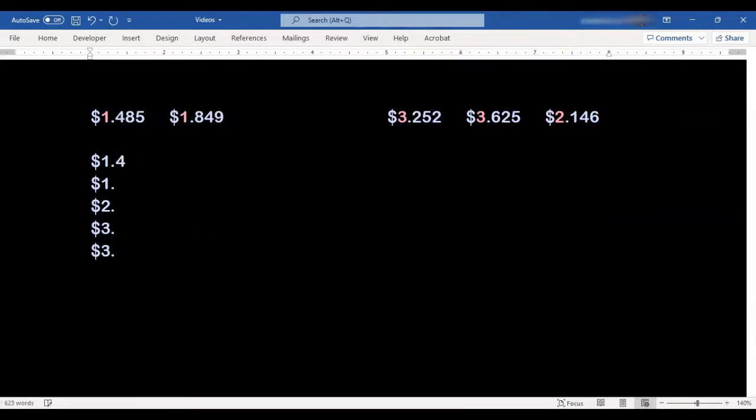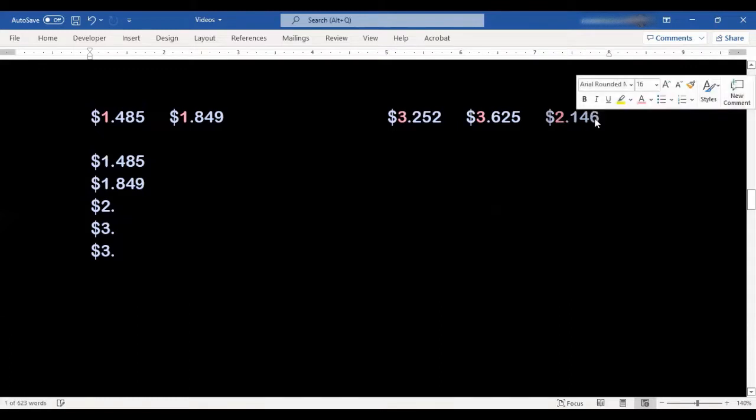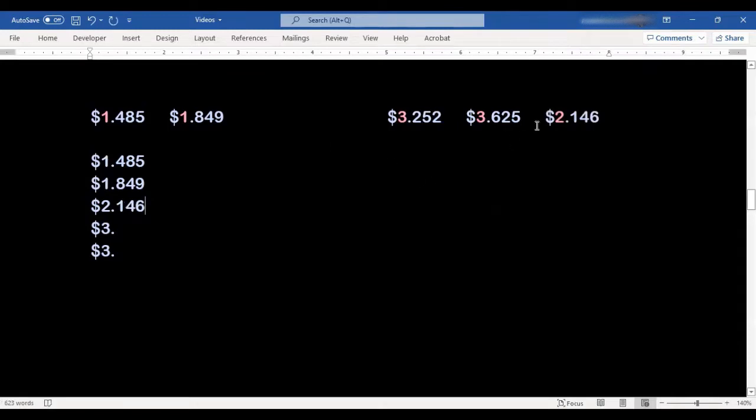So 1.485 is going to be smaller than 1.849. And that's because, again, they share the same whole number part. They both share the number 1 there. Now, we only had one number that had a 2 to start with, so that was 2.146. So that one I can fill in right away.